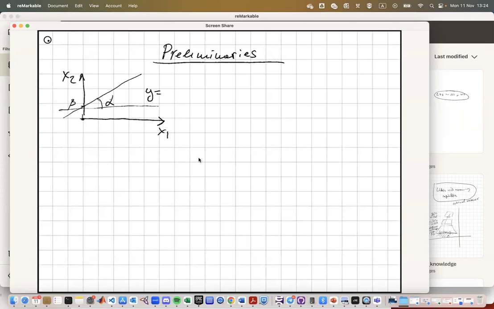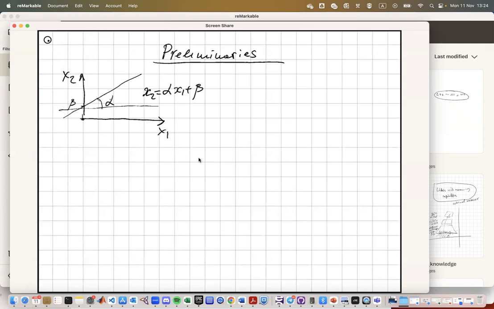One of the forms to define this line is x2 equals alpha x1 plus beta. Well, this is just one of the ways.